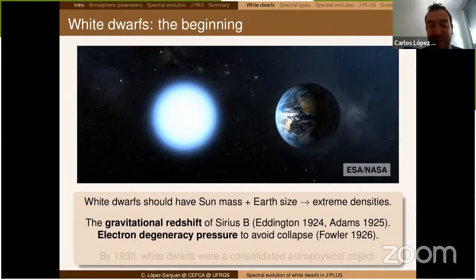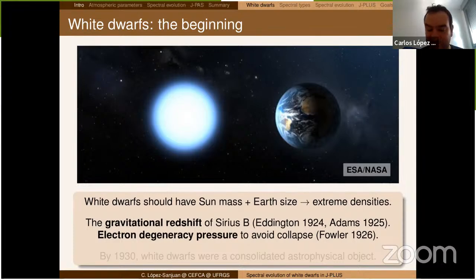It's what people started to call a white dwarf, because of the luminosity, and white because they were blue objects, with some extreme densities. Now, 1 century later, these are not extreme objects. We have neutron stars, we have black holes, but at that moment they were the densest objects in the universe. And there were doubts about whether matter can stay in such a dense state.